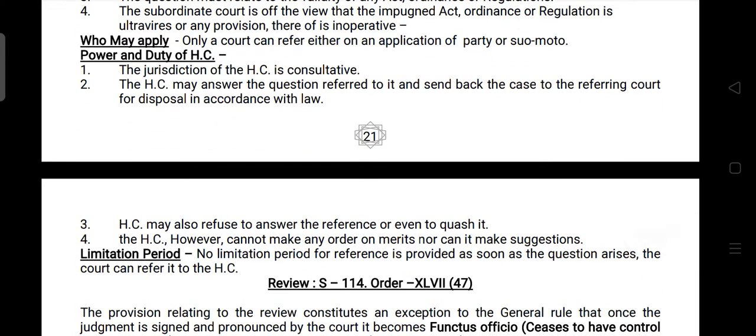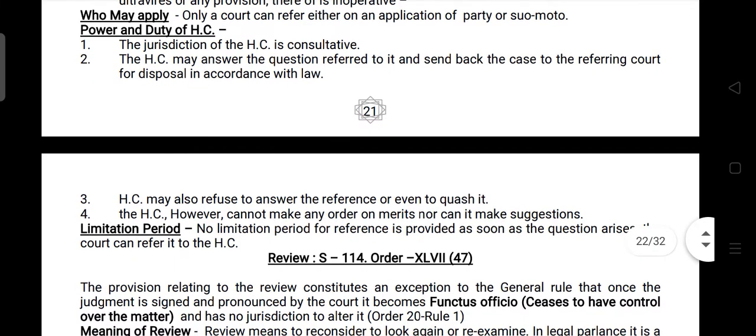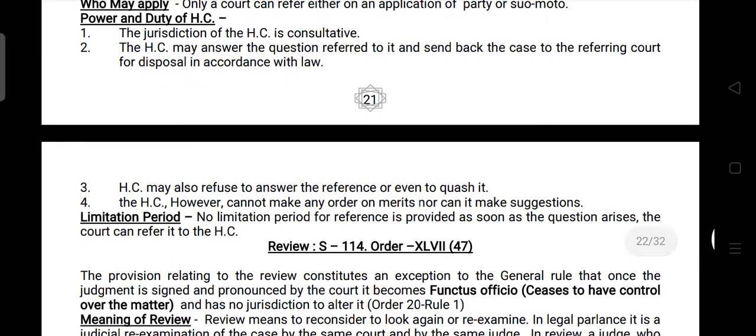And the High Court may also refuse to answer the reference or even quash it. It is in the discretion of the High Court either to entertain the question, refuse to answer it, answer the reference, or even quash it. All these powers are given to the High Court on receiving a reference.